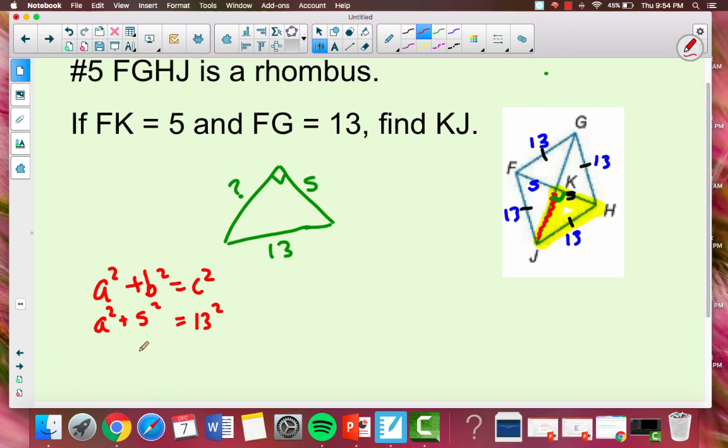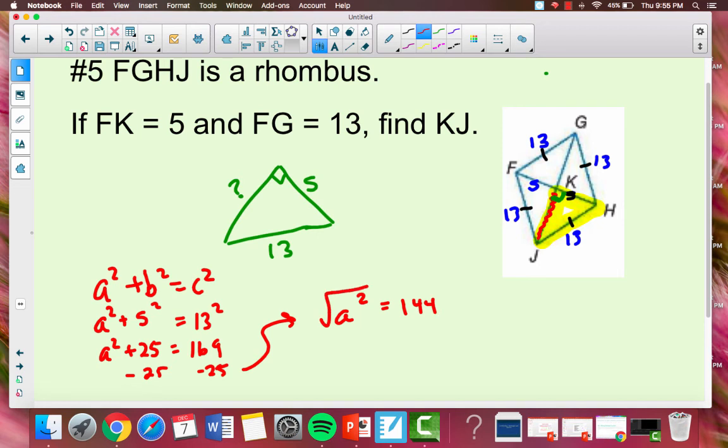So now we have to simplify. We get a squared plus 25 equals 169. Then we can subtract on both sides. Subtracting 25 over, a squared is equal to 144.